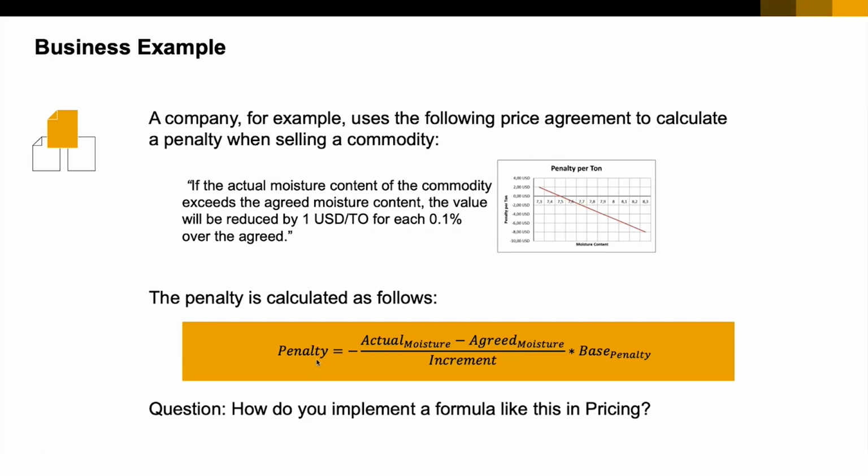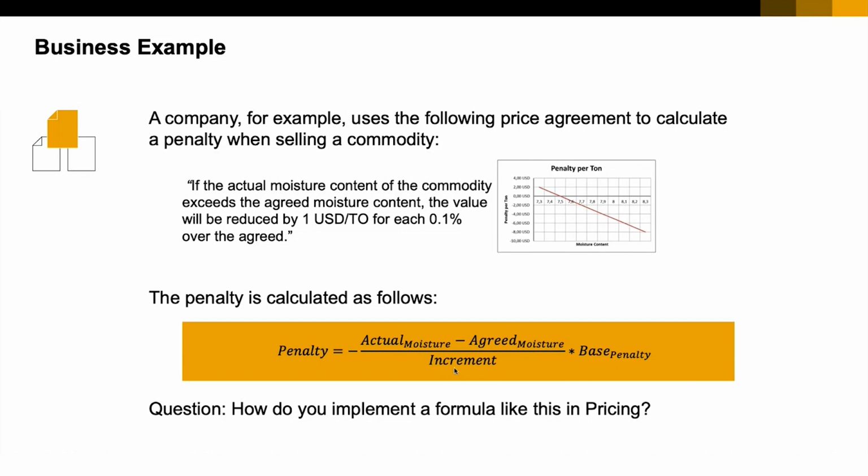The penalty is calculated based on the actual moisture content and the agreed moisture content. The actual moisture content is the one you will measure based on the delivered or actually received final product, and the agreed moisture content will be in your contractual agreements.